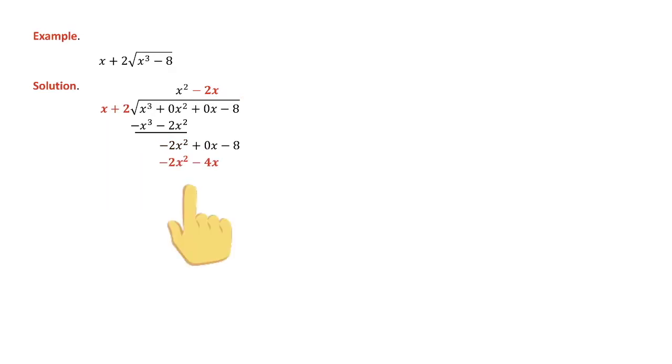That's just a process. Now I'm going to subtract. Minus 2x is here. Minus x plus 2 is here. So minus 2x times x gives me the first term, minus 2x squared. Minus 2x times the 2 gives me that term.